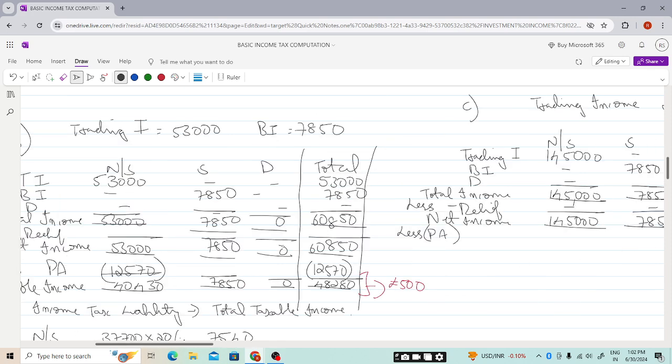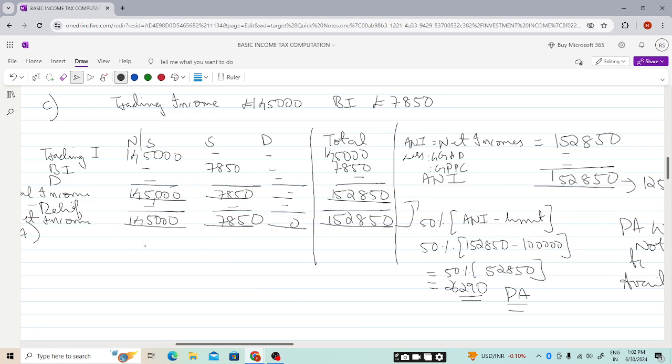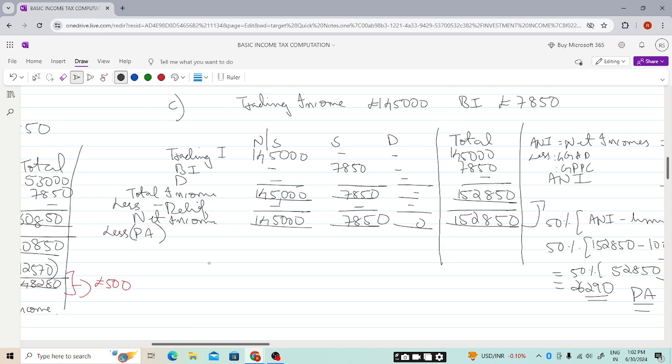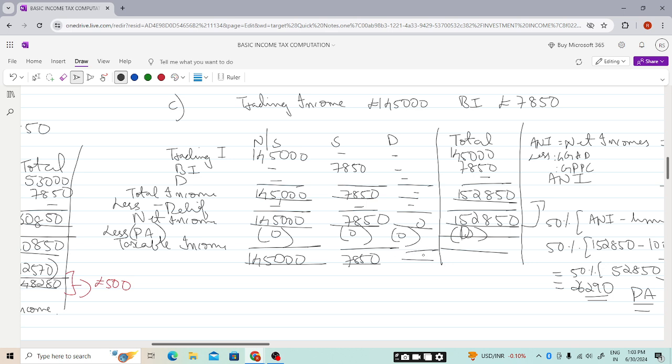So personal allowance of 0, no personal allowance will be available, because our ANI is greater than the limit. So this will give rise to our taxable income. Taxable income will be 145,000 for non-saving. For saving it will be 7,850, and for dividend it will be 0.